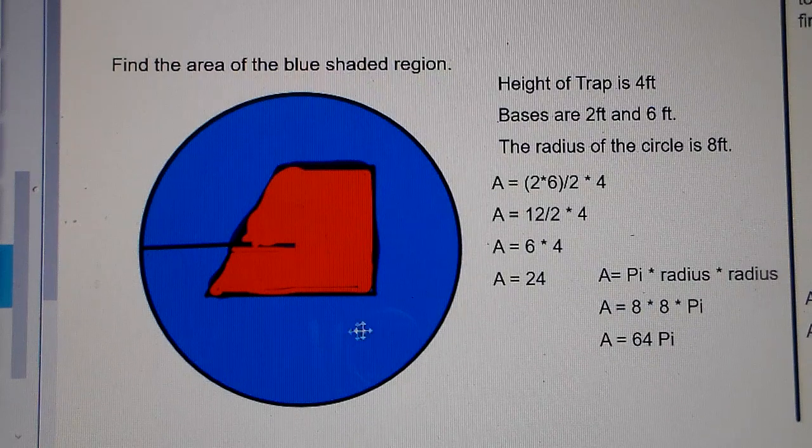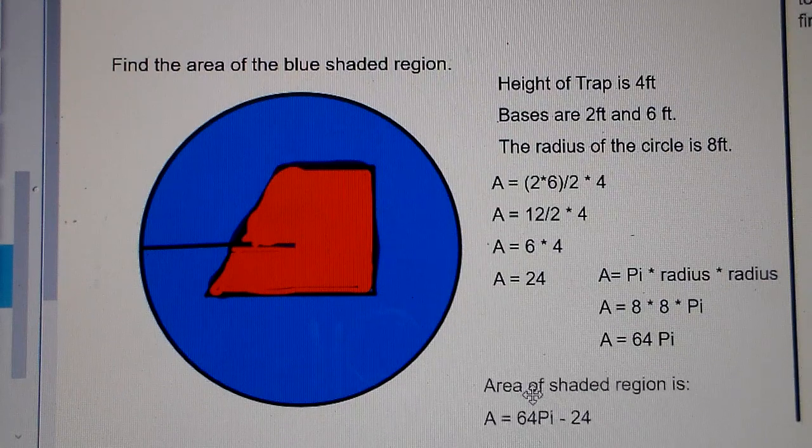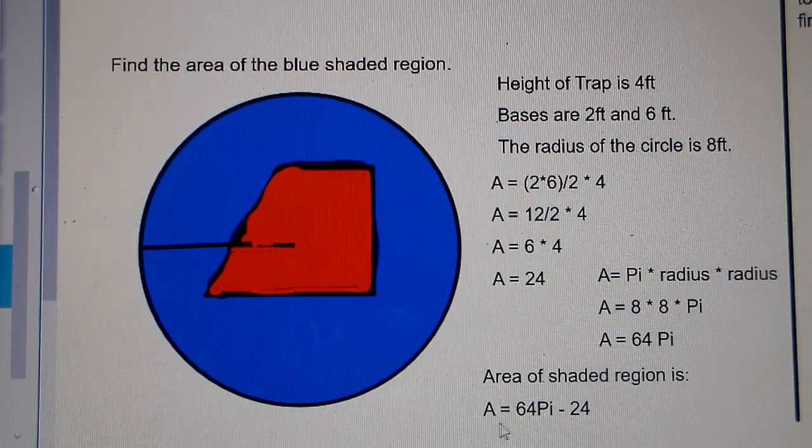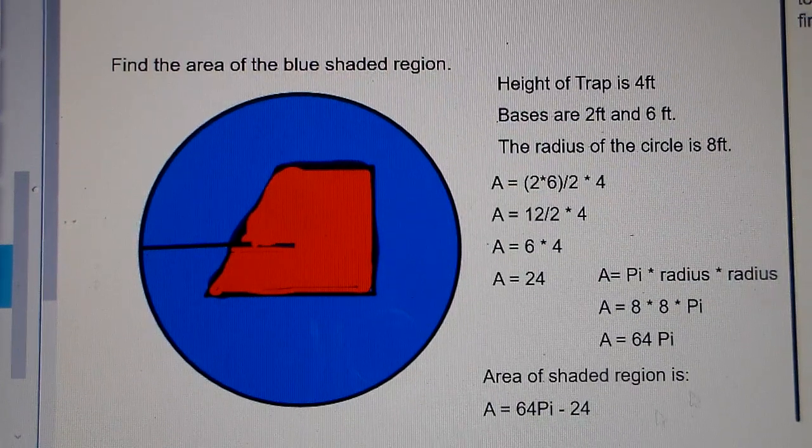So the area of the circle minus the area of this trapezoid will get us the area of the blue shaded region. So the area of the shaded region is 64 pi, the blue area, minus the area of the trapezoid, which is 24. So our answer is 64 pi minus 24.